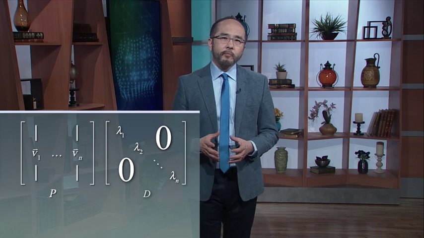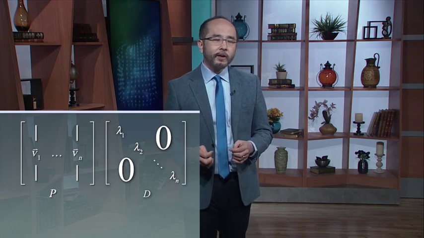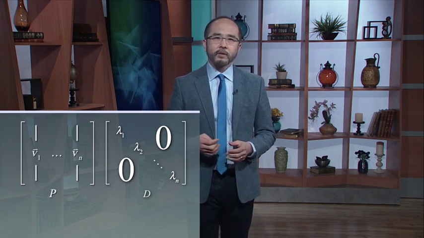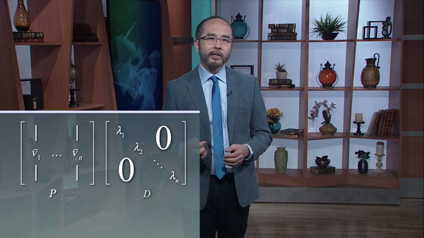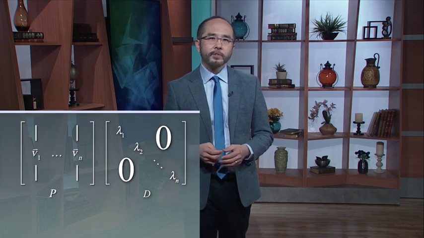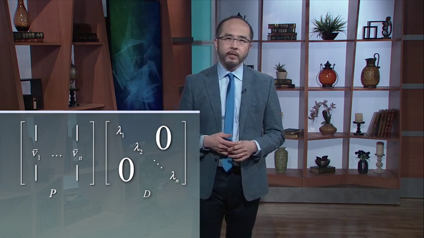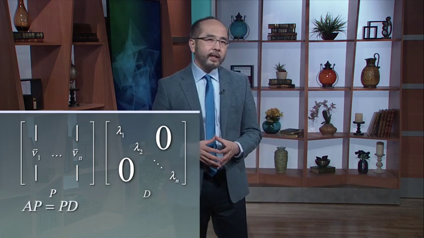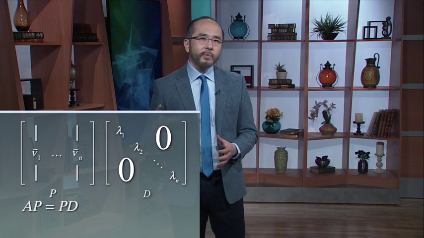Let D be a diagonal matrix with eigenvalues down the diagonal and 0 everywhere else. The eigenvalues should appear on the diagonal in the same order as their corresponding eigenvectors appear in the columns of P. Then, if you assemble these matrices like that, I claim AP equals PD.